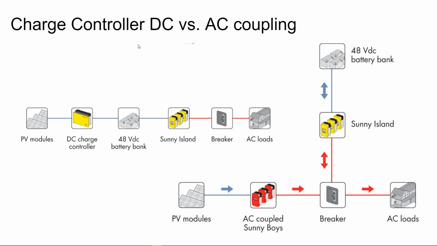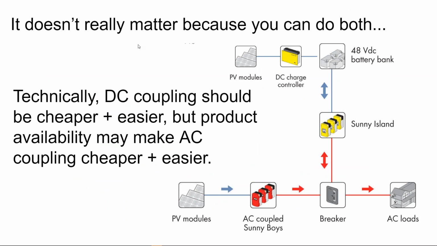So we started to talk about DC and AC coupling architecture yesterday, and for the most part, you're going to be doing AC coupling on these commercial systems, with the battery being on its own inverter with its own control software. You don't have to do it that way.